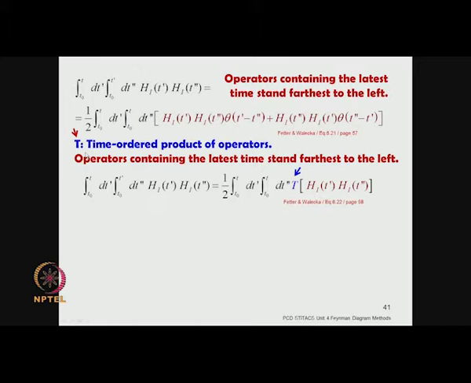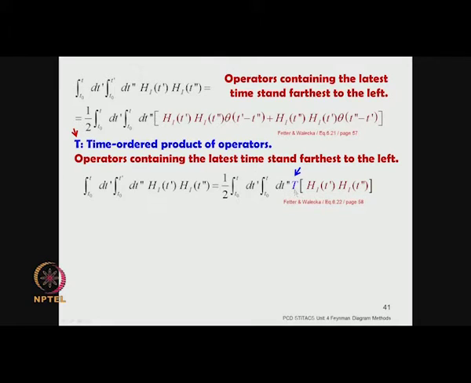This is called the chronological operator or the T operator, sometimes the Dyson's chronological operator and so on. Okay? And what this operator is going to do is whatever operators it operates on, and these operators have time appearing in the argument. Okay, so you have got t prime here and t double prime.